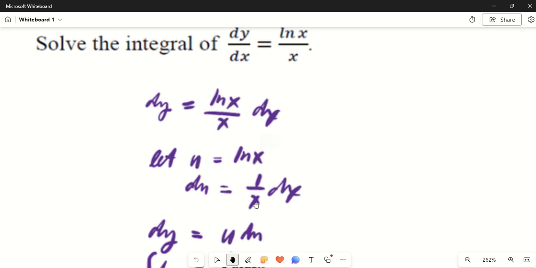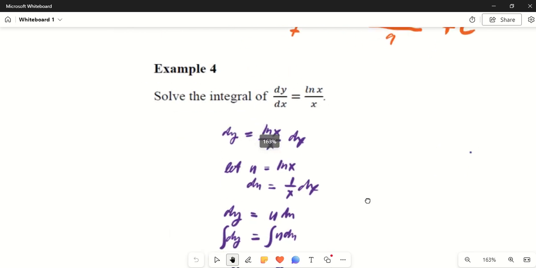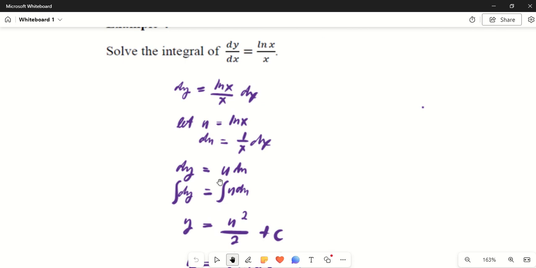Your ln of x will be substituted with u. So you have your u here, and then your dx all over x will be substituted by du. So your new equation will now be dy is equal to u du.